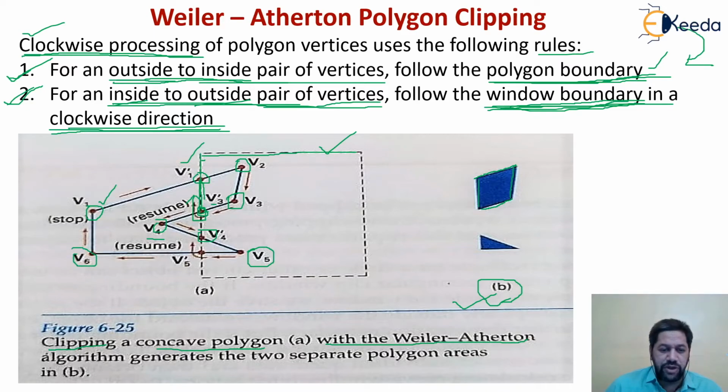For V5 to V6, again I'm going to find the window edge. But V5 to V6 comes under rule number 2. And what is my rule number 2? Inside to outside pair, I have to follow window boundaries. After finding the intersection point, you can find this arrow here. I will follow the window boundaries and connect this in my output.